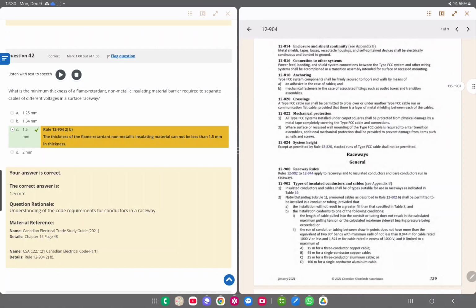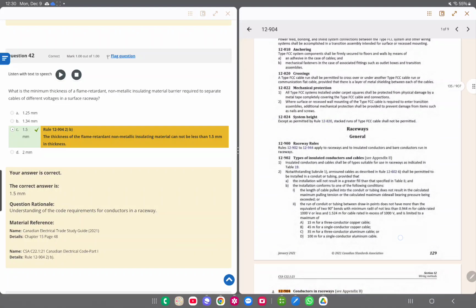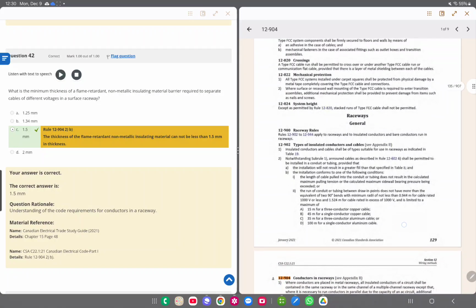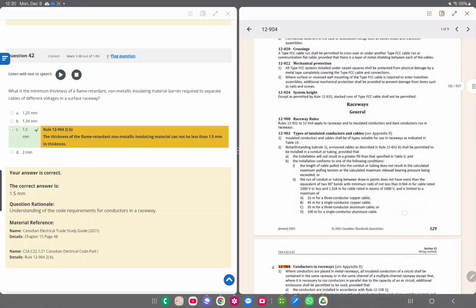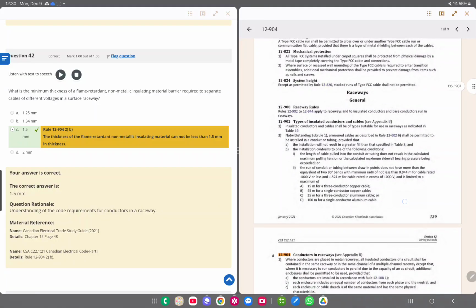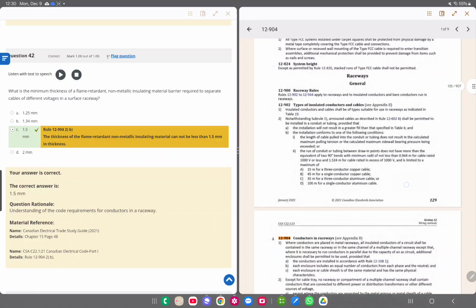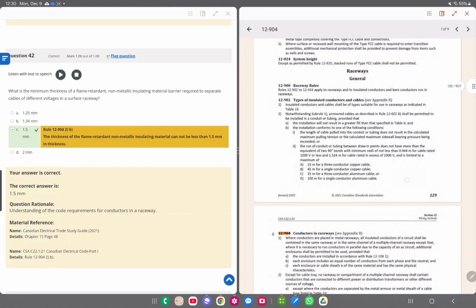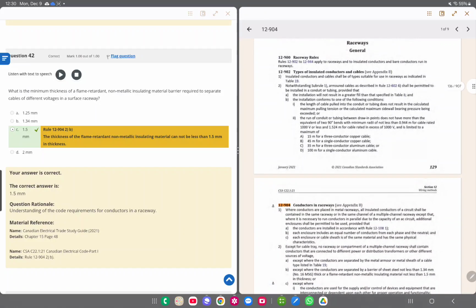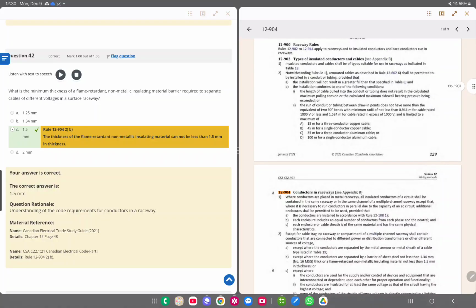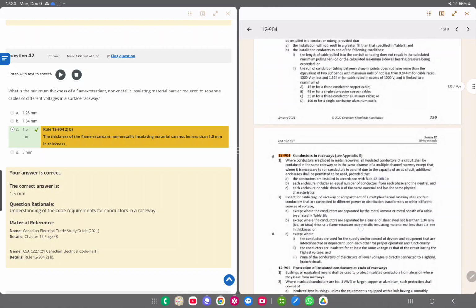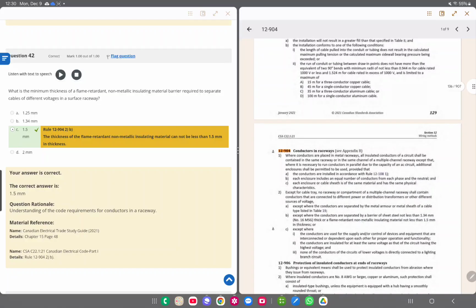So here we are under raceways in section 12. We read along. And we're at 12-904, conductors in raceways.